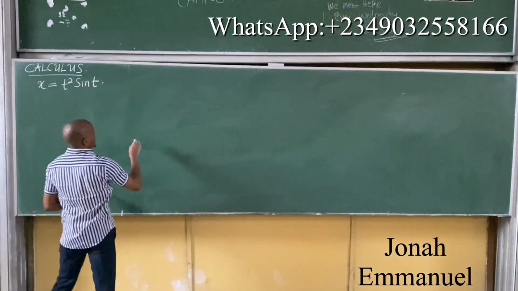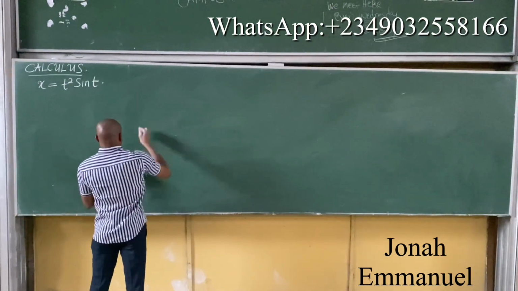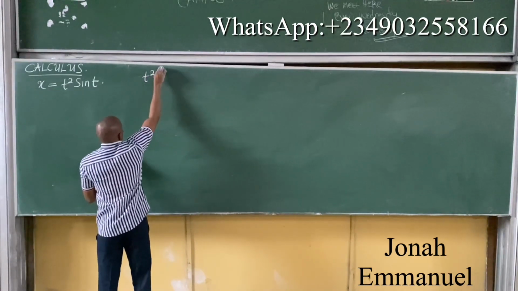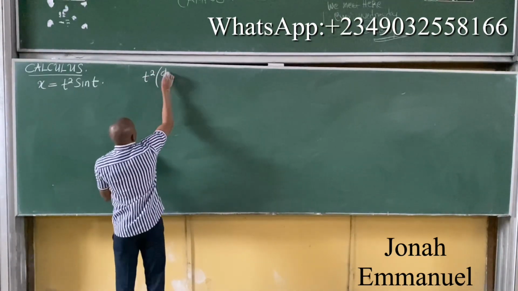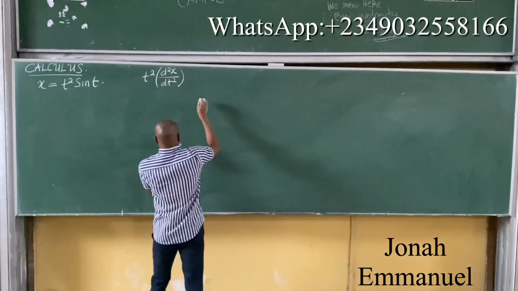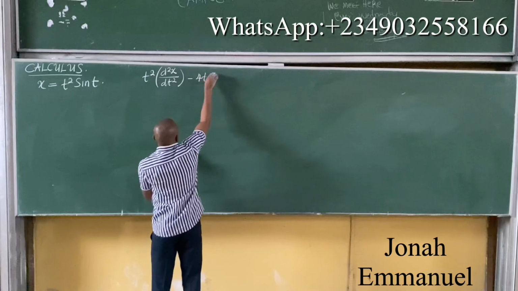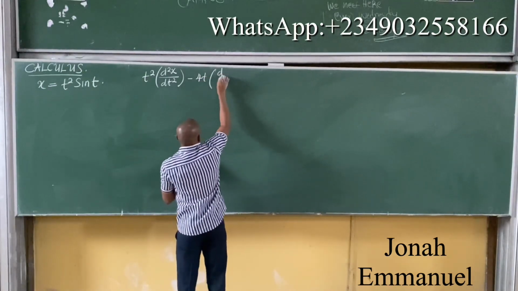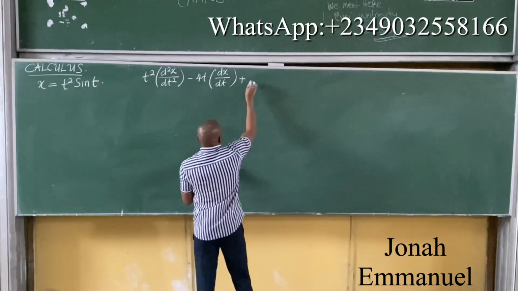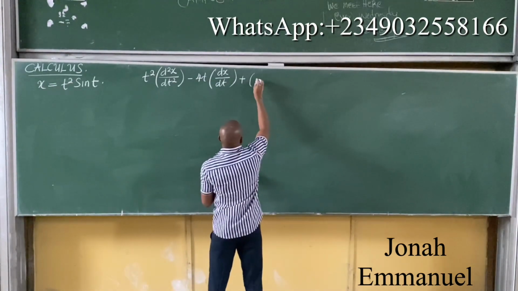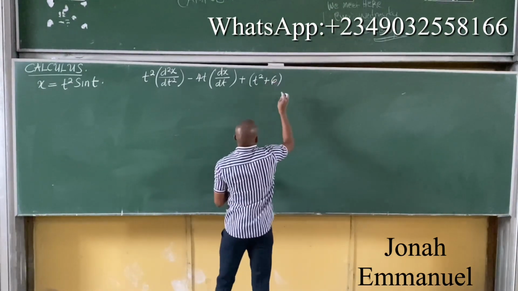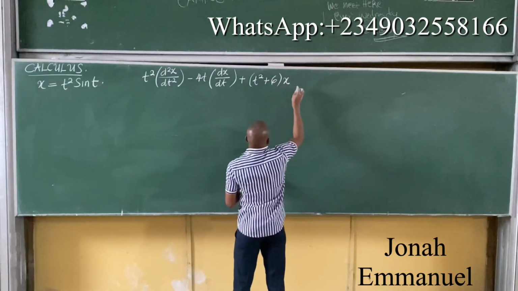You have to prove that t² d²x/dt² minus 4t dx/dt plus (t² plus 6) x equals 0.